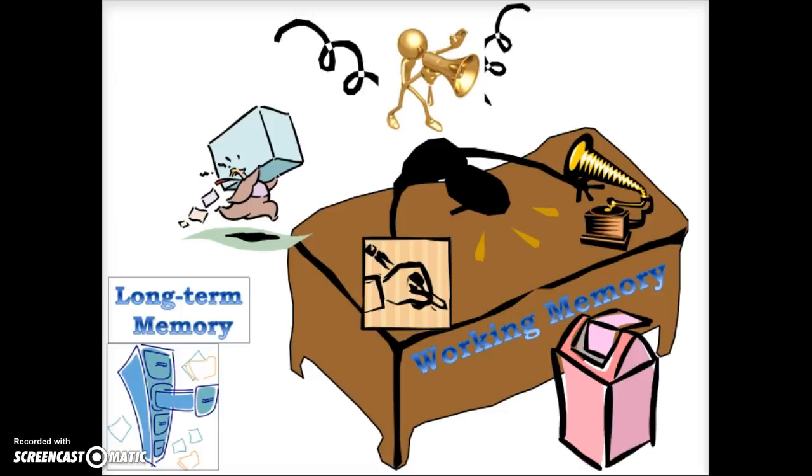The CEO is going to keep you focused on that information while at the same time the episodic buffer is going to bring information from long-term memory to help you make decisions about what to focus on and what to do with what you're seeing and hearing. So let me give you an example.